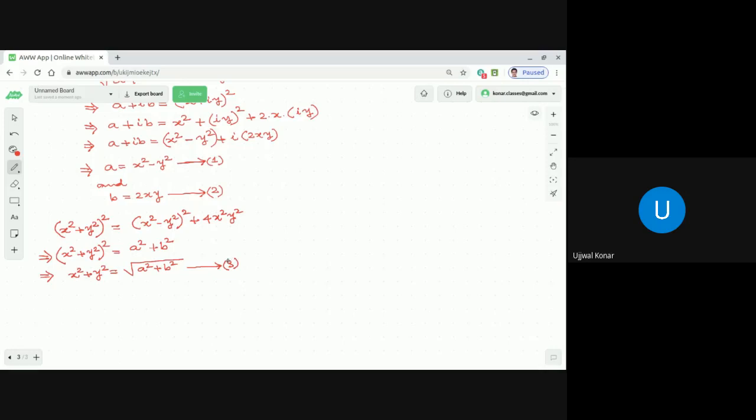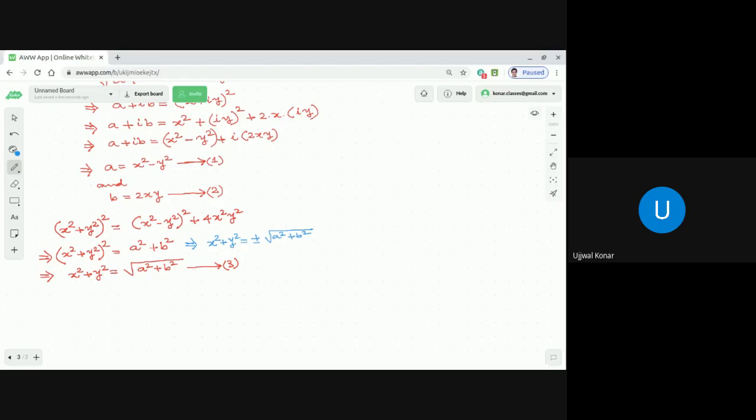Now you may think, sir, why are you not taking x square plus y square equal to minus square root of a square plus b square? Generally, x square plus y square whole square equal to a square plus b square means x square plus y square is equal to plus minus square root of a square plus b square. But can the sum of squares of two real numbers be negative?